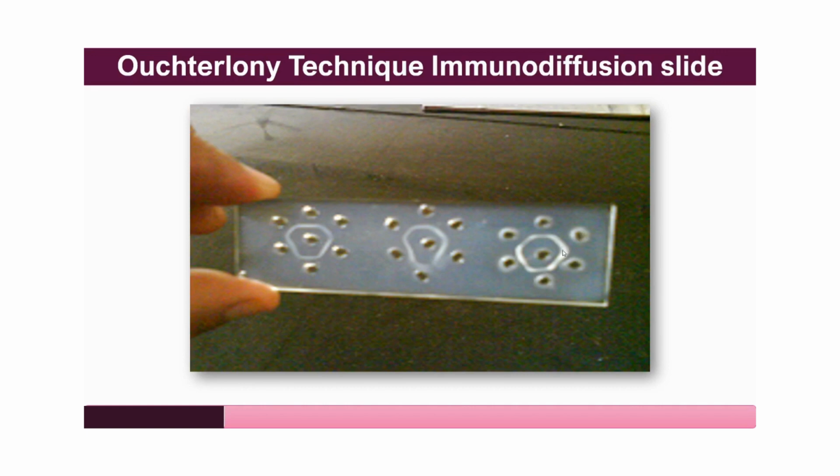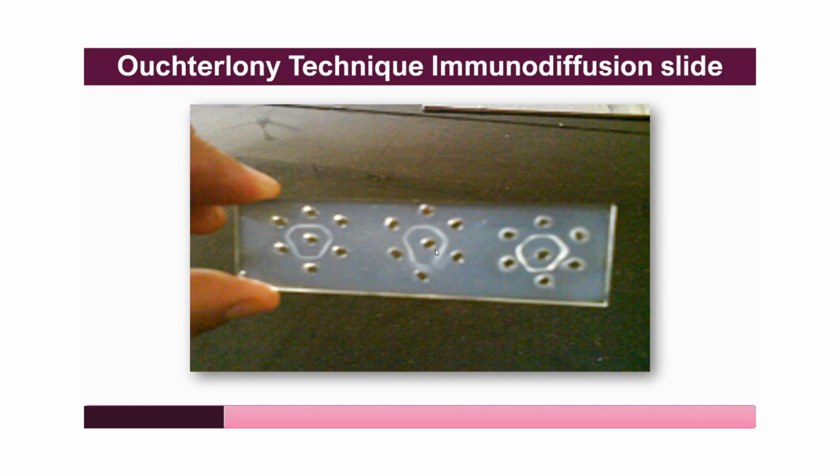You can make out here, due to high concentration of the antigen and antibody, the precipitin band is brighter here compared to this side. Then when you come to these middle and the left hand side wells, you can see that these precipitin bands are much lighter compared to the precipitin band you have seen on the extreme right side.